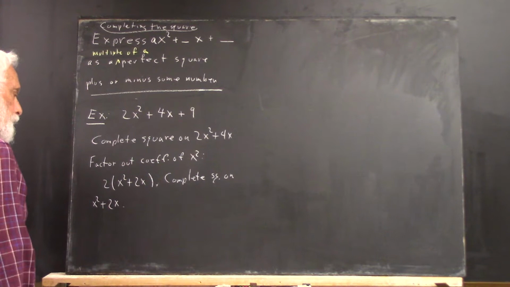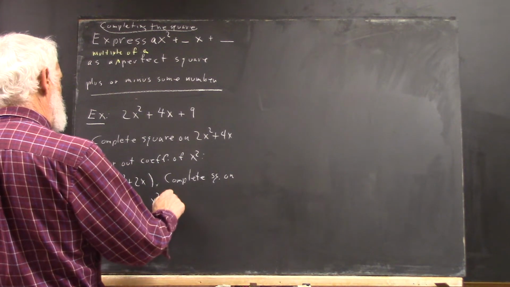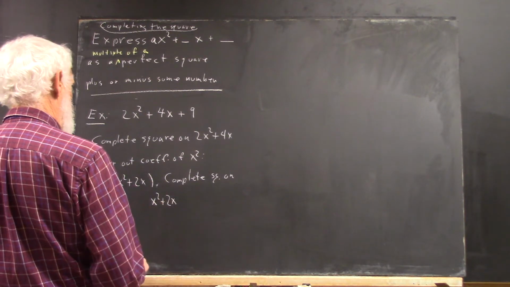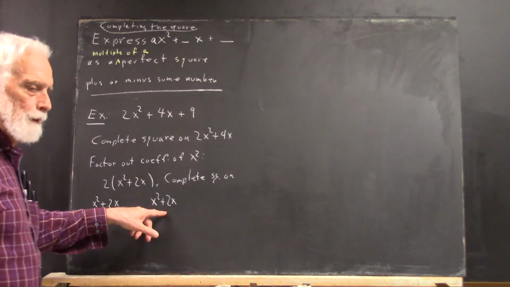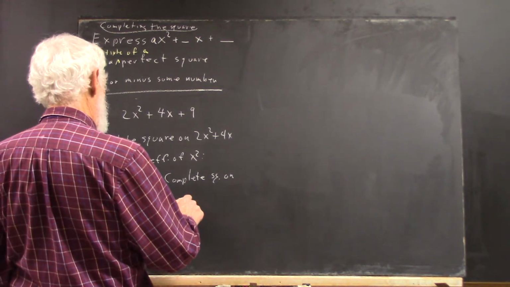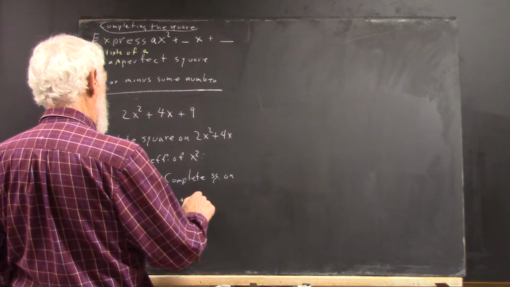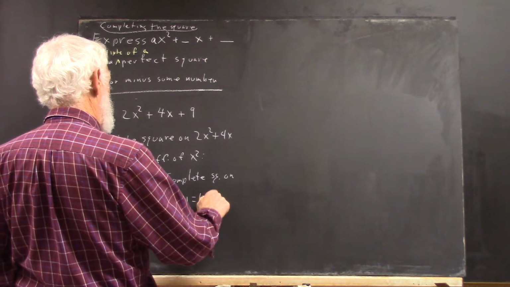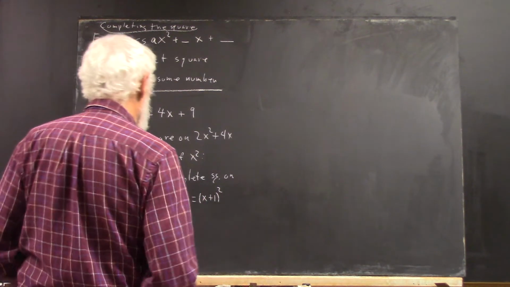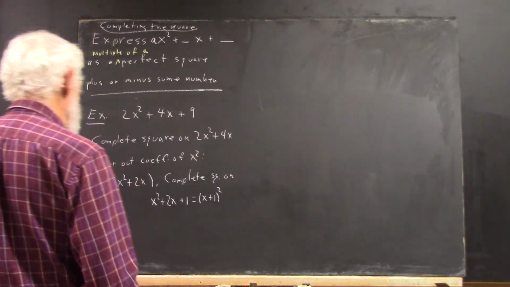Complete the square on x squared plus 2x, okay? Well, we're going to have to add a 1, right? So x squared plus 2x plus 1 is x plus 1 squared.